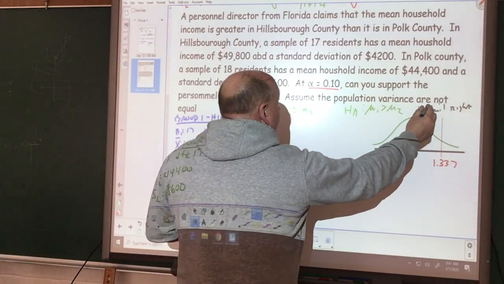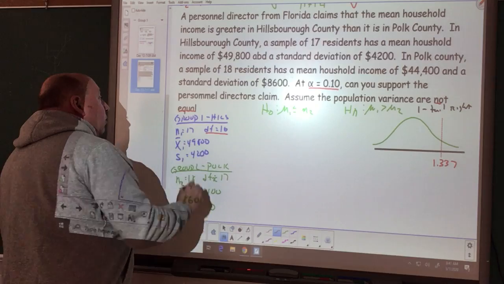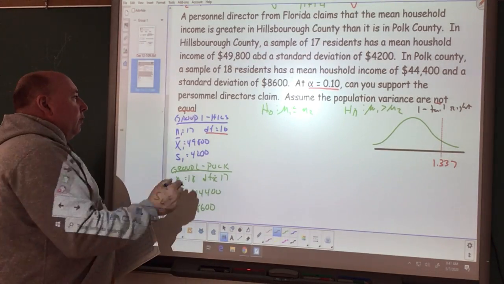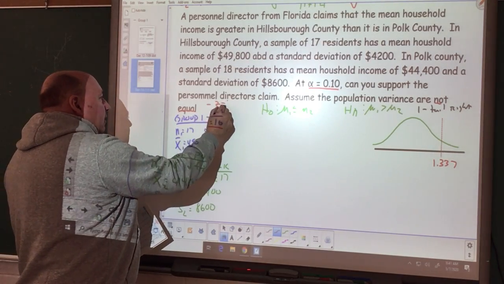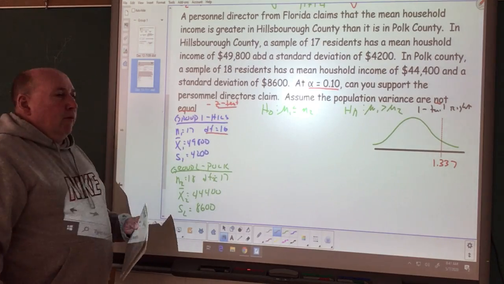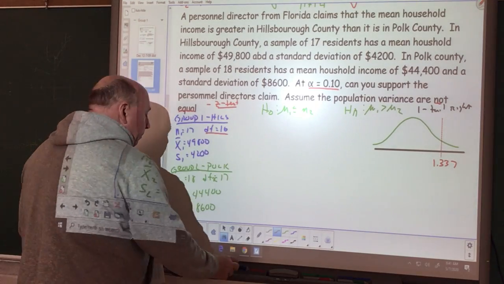Now, assume the population variances are not equal, which is the easier of the two. This just goes back to the z-test. It reverts back to a z-test on the bottom.